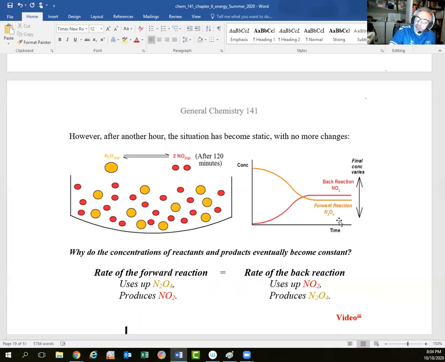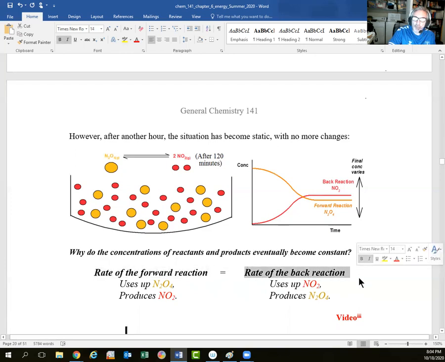And that's because we've reached a very important point in this reversible system. And that is that the rate of the forward reaction is equal to the rate of the back reaction. So the N2O4, which is being used up by the forward reaction, is also being produced by the back reaction.